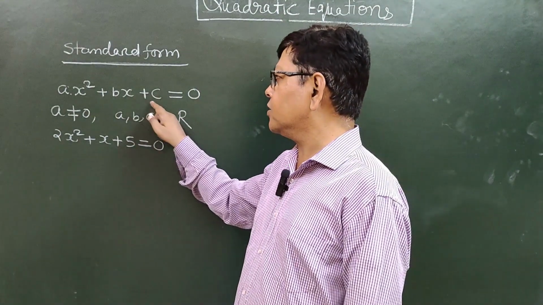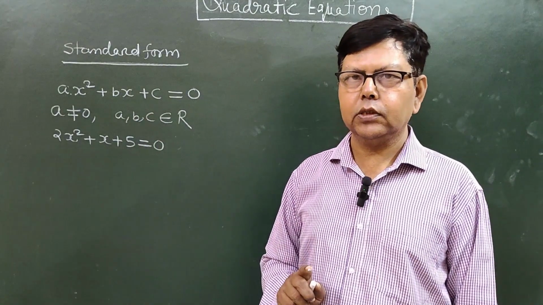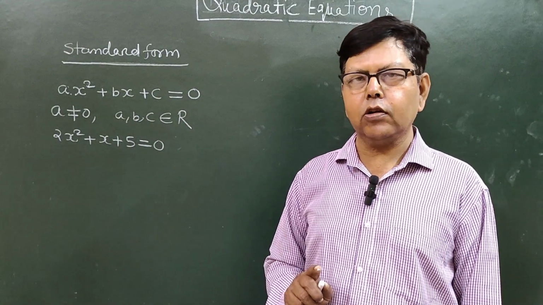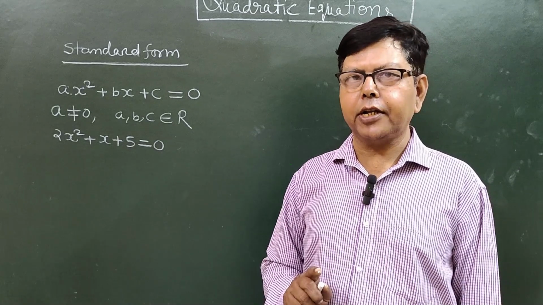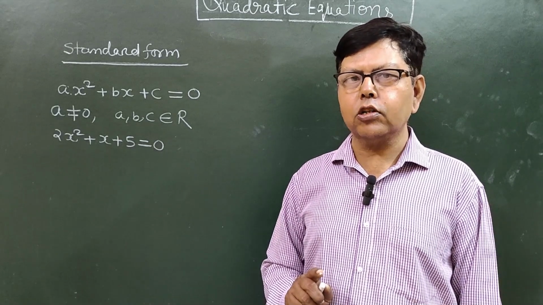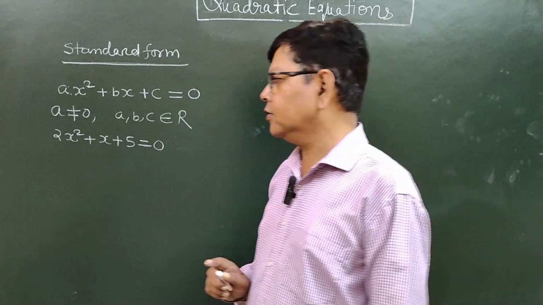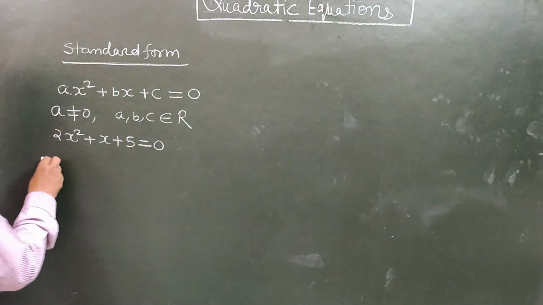Values of b and c can be 0 but a is not equal to 0. Now I will tell you roots or zeros of a quadratic equation. Roots or zeros.